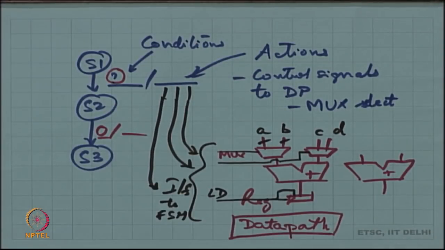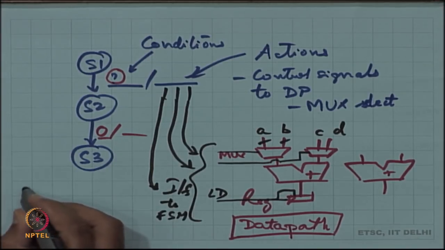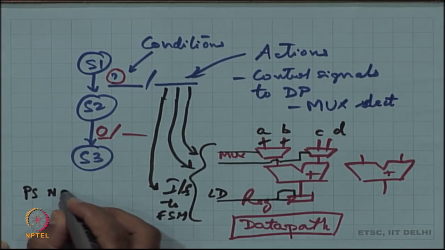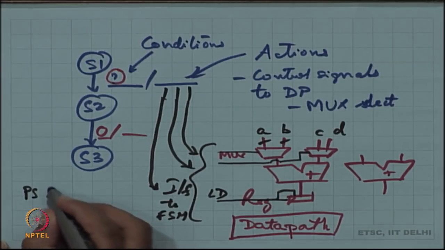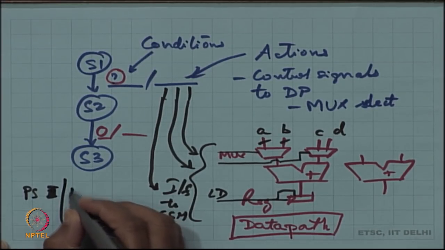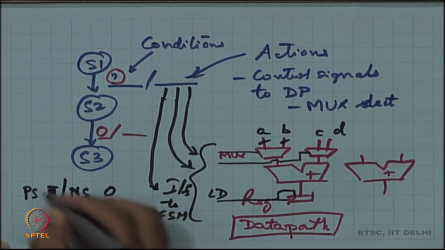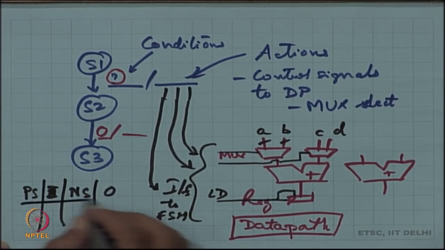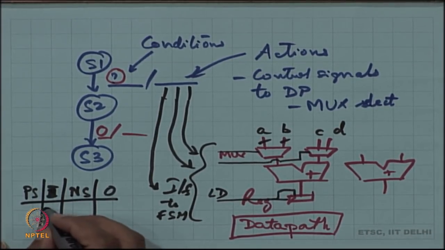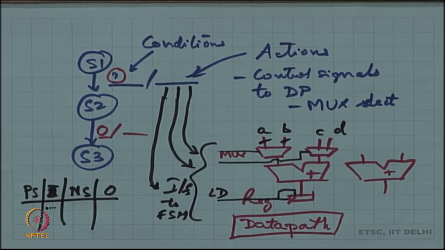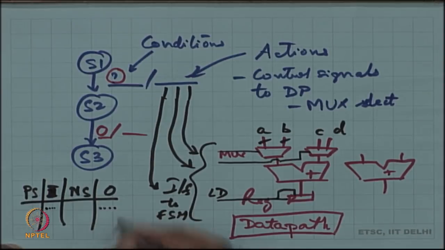Remember the state table: I have present state, inputs, next state and outputs. Conditions are realized in terms of the inputs to the FSM, and actions are in terms of the outputs of the FSM.